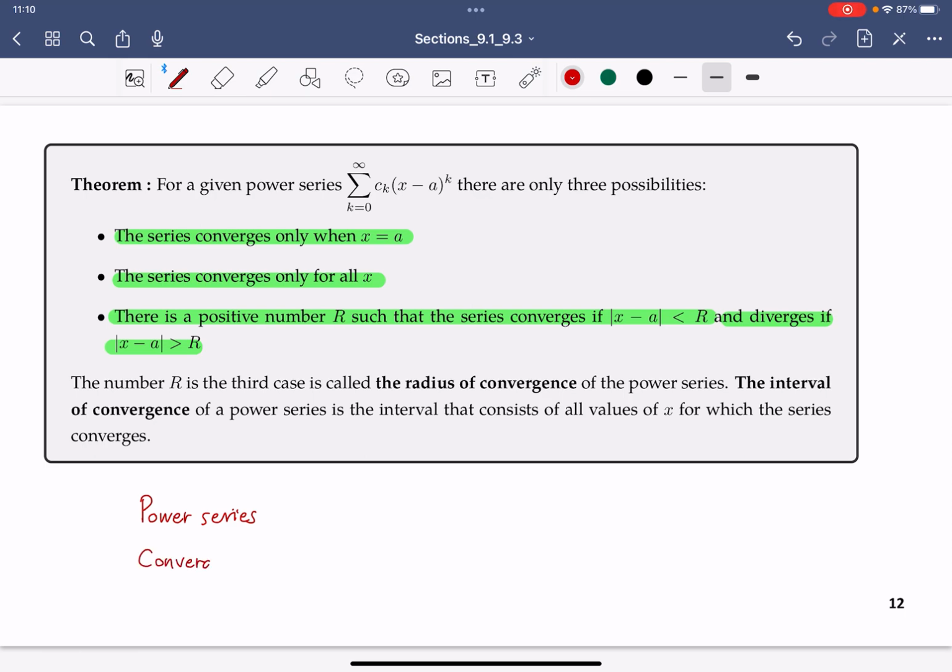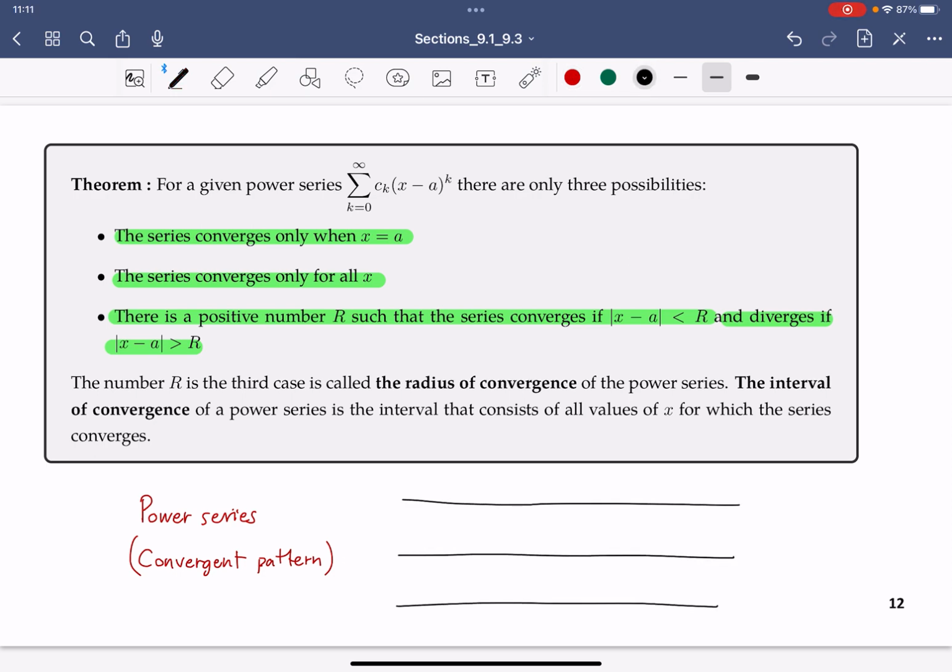The convergence pattern of the power series is only 3 cases: here, here, and here. You know that when x equals a, it's always convergent, right?